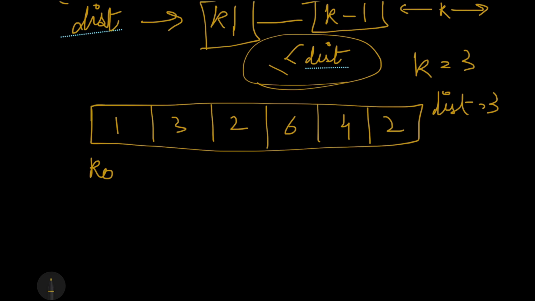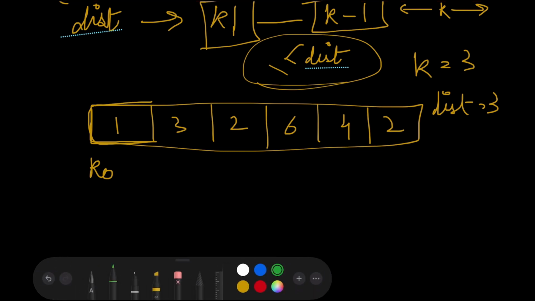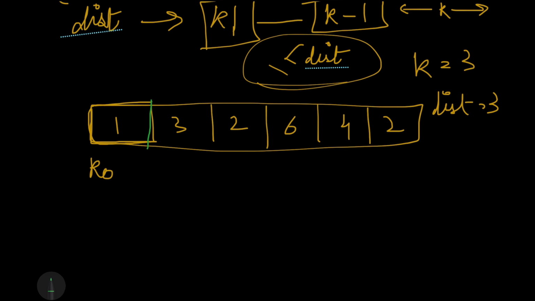So the first subarray will always start from the first index, no doubt about it. Now our second subarray can start from here, that is the third position. And our k should be equal to 3. So the indices are 0, 1, 2, 3, 4, and 5.